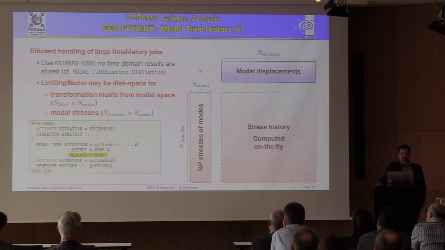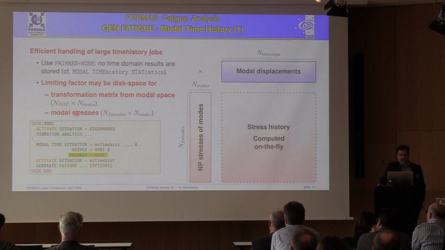But still, the disk space is a limiting factor because we also, for this approach, have to include the transformation matrix from the modal space back to the physical space. And this matrix is normally of order of your degrees of freedom times your number of modes. And then furthermore, you also have to store your modal stresses, which is the stuff down here, and some more objects that we need to compute beforehand.